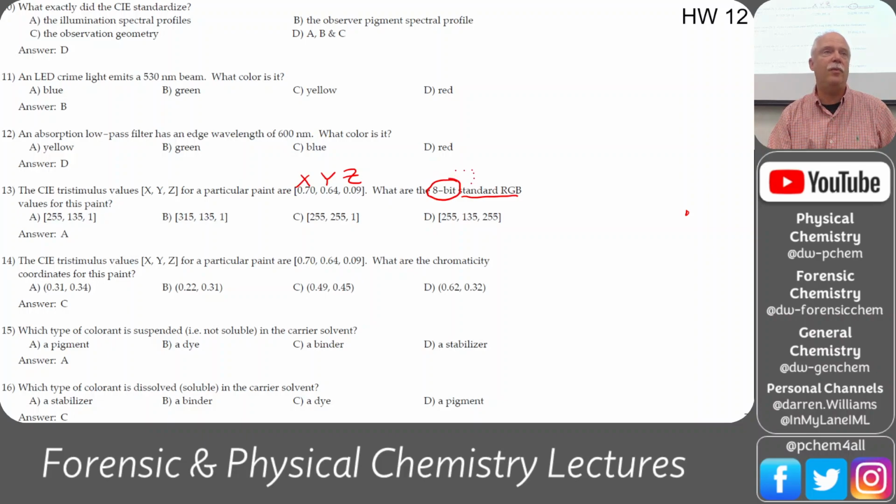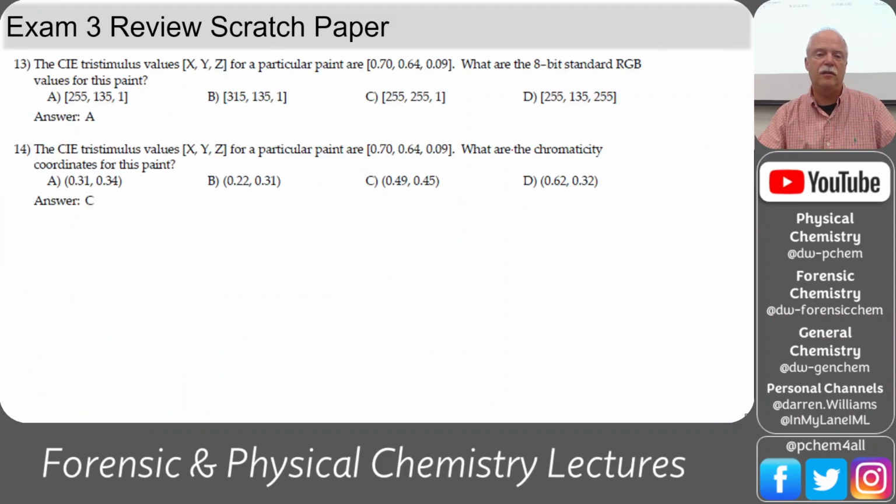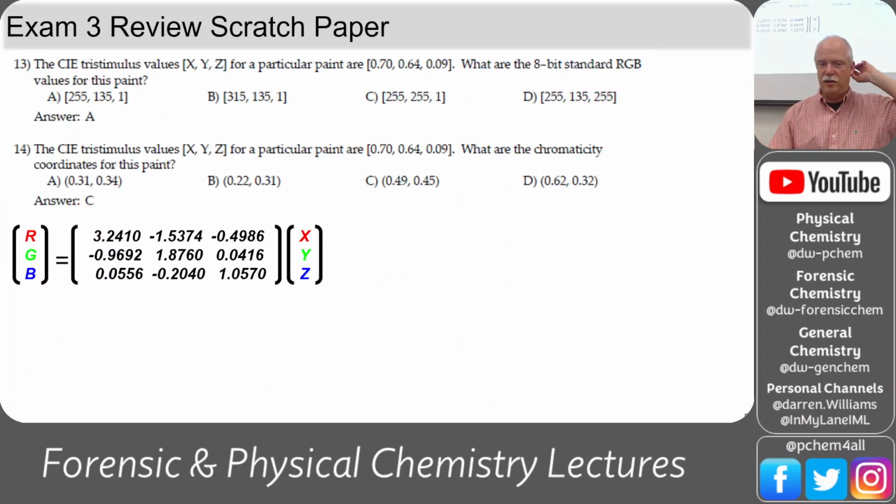So these are 2 different parts, okay? The standard RGB values are sRGB. If you go to the color notes, you'll find this matrix here. I went ahead and added this in to the notes. This is the transformation matrix from XYZ to standard RGB.